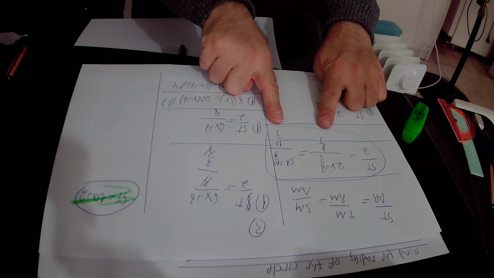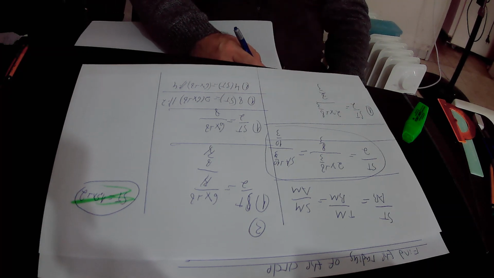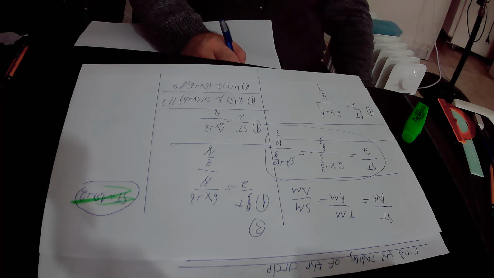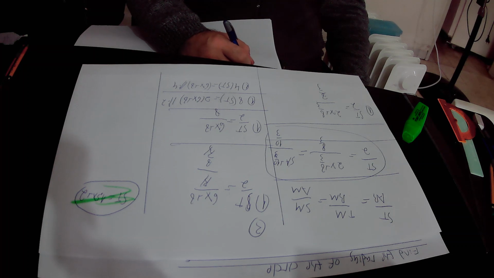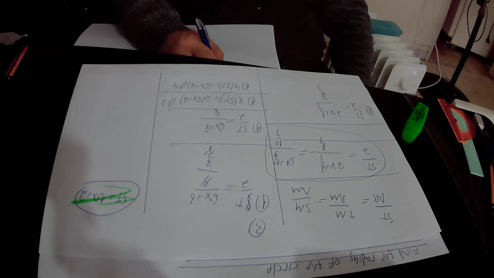So 2x plus 8 over 3 over 8 over 3 equals SA plus 10 over 3 over 10 over 3.